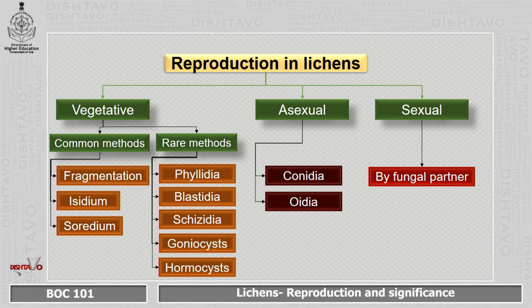Besides the vegetative mode, you have the sexual mode of reproduction, wherein the fungal partner would determine the mode of reproduction, and you also have the asexual mode of reproduction, that is through the formation of conidia and oidia.